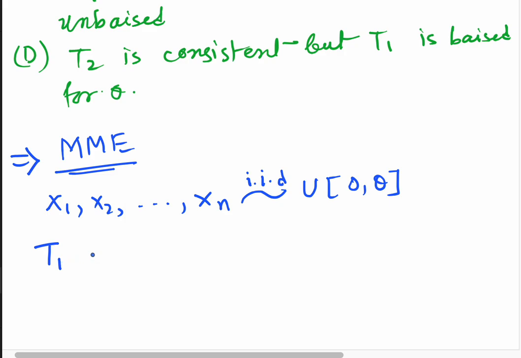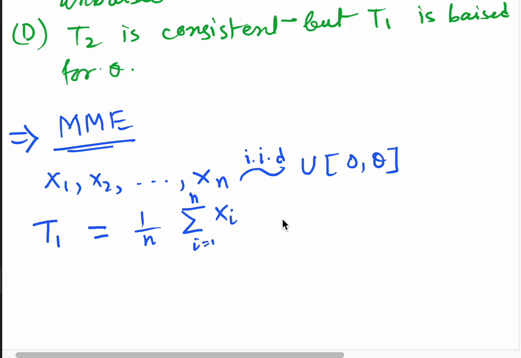Then for T1, we have to determine only one parameter, so we have to calculate only one moment, and that is the first moment, that means mu1 prime, which is 1 over n times the sum over Xi, i equal to 1 to n.